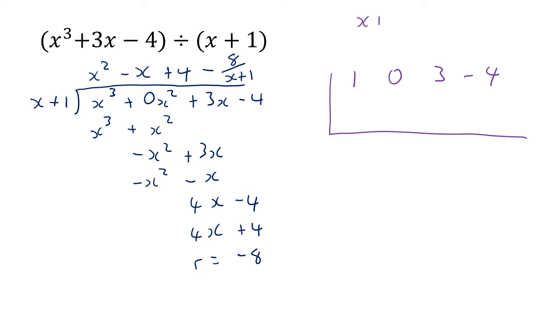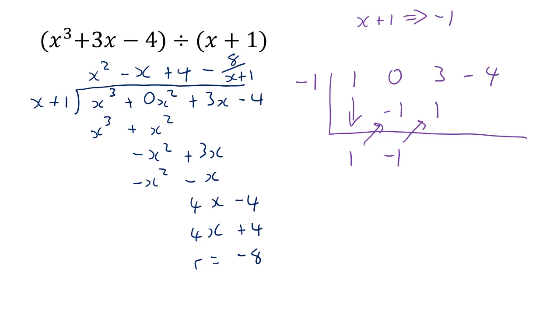We've got x plus 1, and we know that we take this bit here and we flip it to minus 1. So we can actually have minus 1 here. Bring the 1 down. 1 times minus 1 gets us minus 1. 0 plus minus 1 is minus 1. Minus 1 times minus 1 gets us 1.